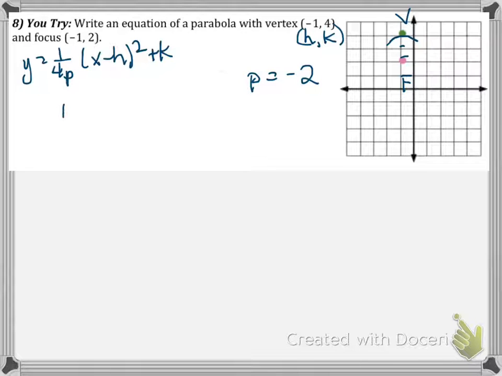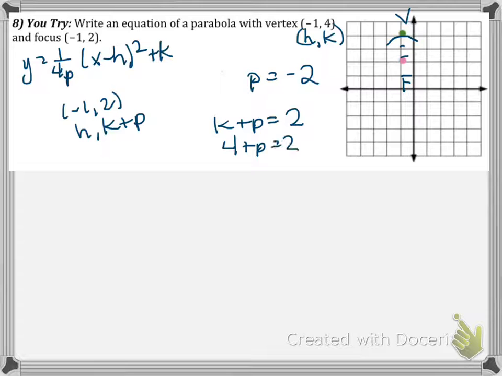We could also look at it as if we know our focus is (h, k + p), and we already know that h is -1, k + p would equal 2. And we know that k is 4, so 4 + p = 2, subtract 4, therefore p = -2.